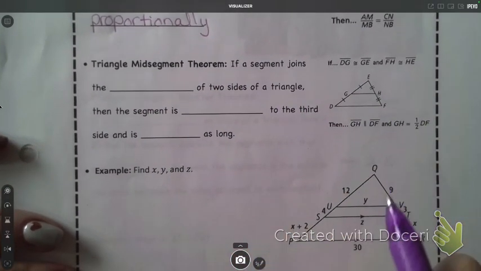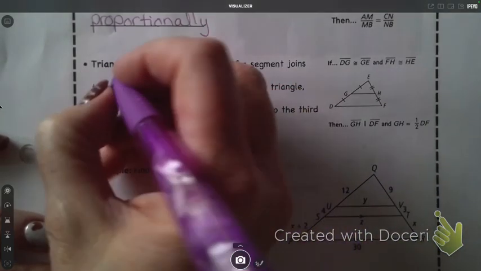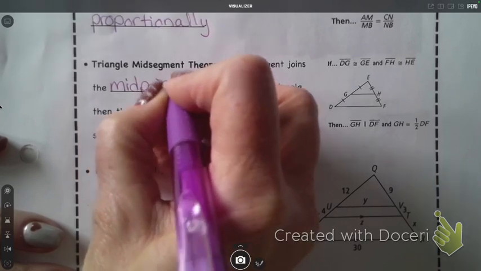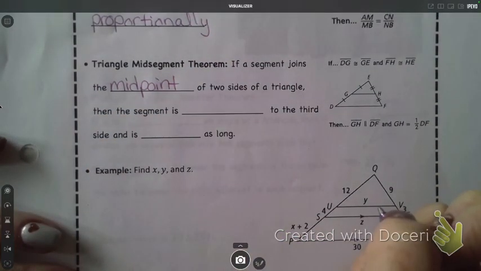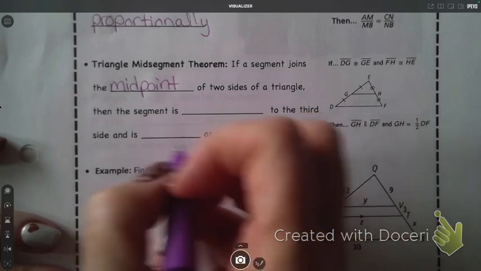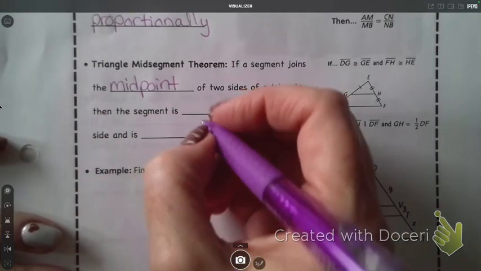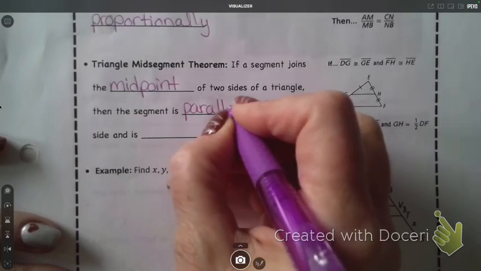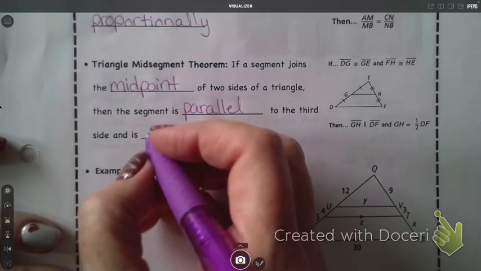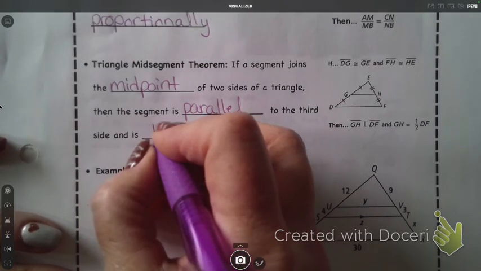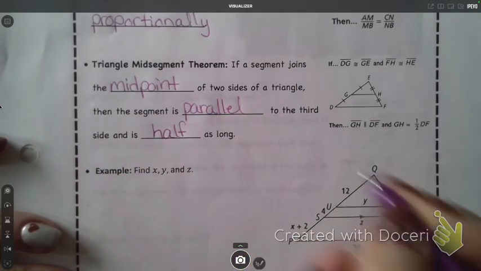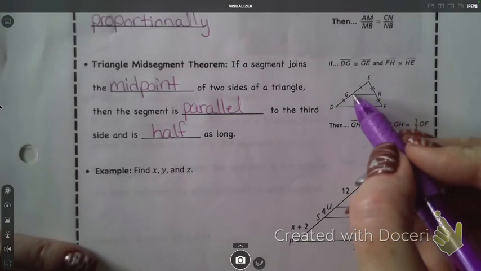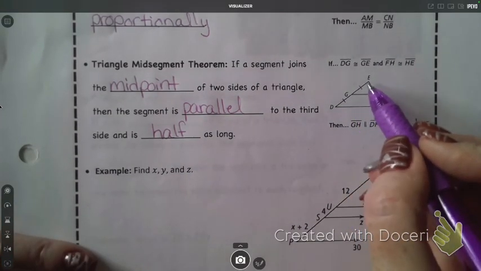If a segment joins the midpoint of two sides of a triangle, then the segment is parallel to the third side and is half as long. So, looking at my picture, this GH cuts ED in half.